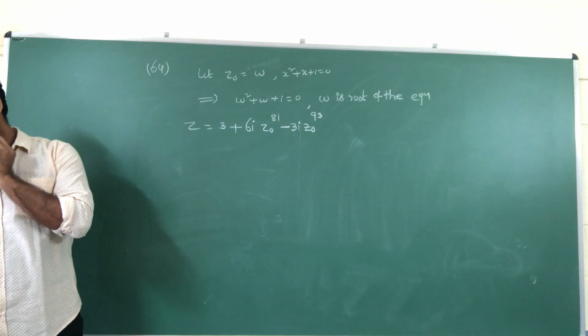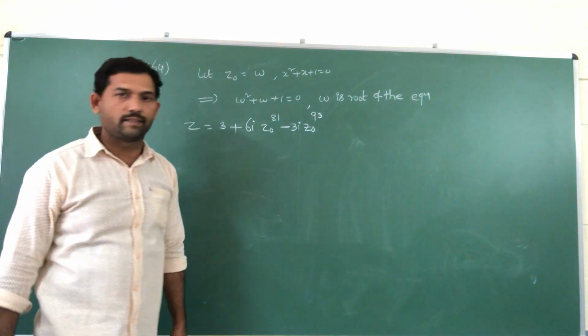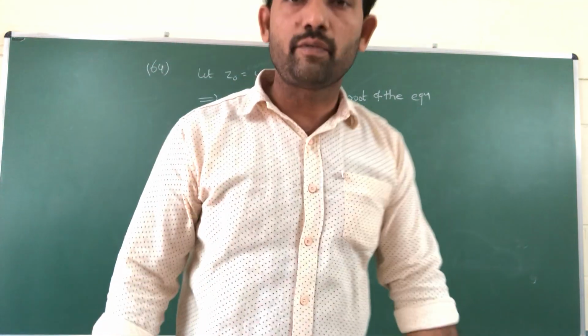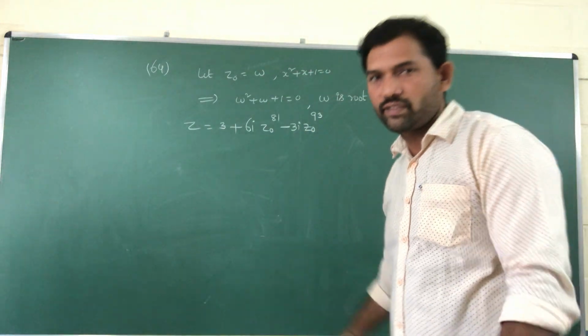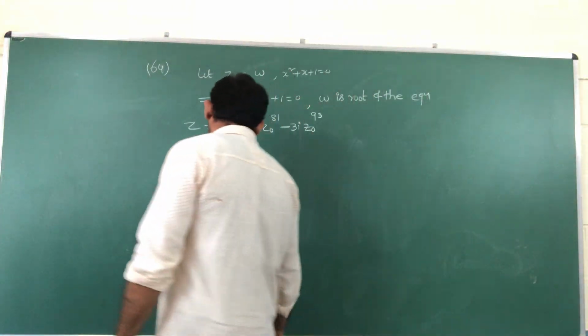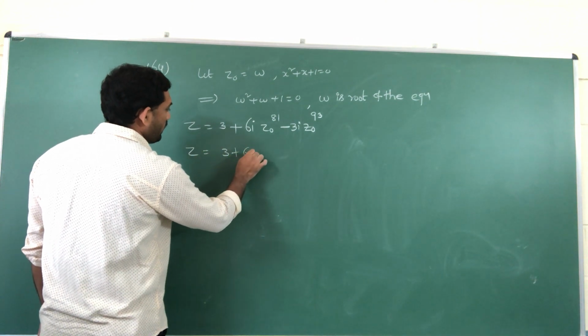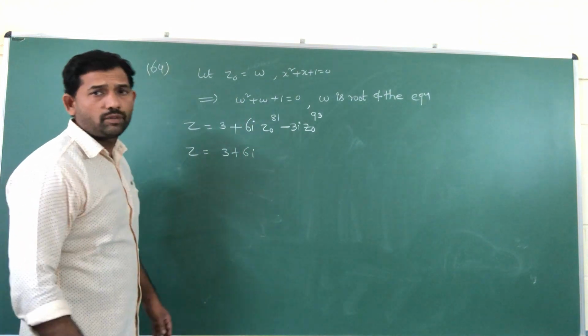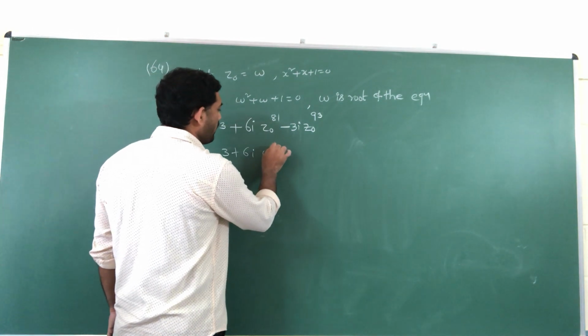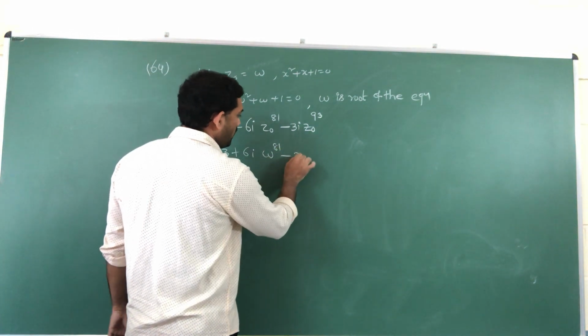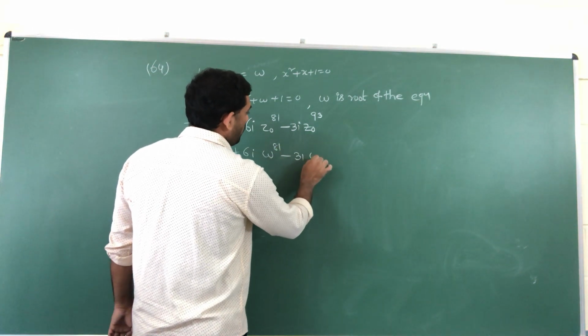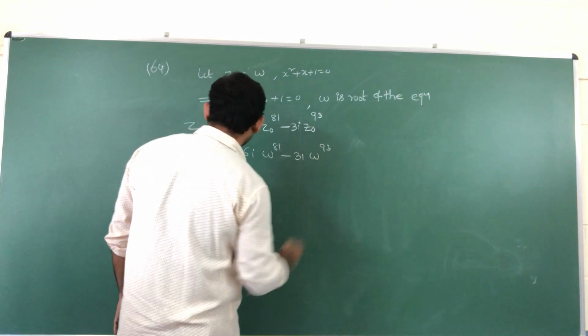Then the argument of Z is equal to what? They are asking. So for the argument of Z, first of all the complex number is needed. So Z is equal to 3 plus 6i Z0 value you substitute omega. So omega to the power 81 minus 3i omega to the power 93.